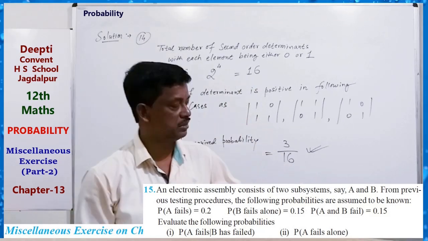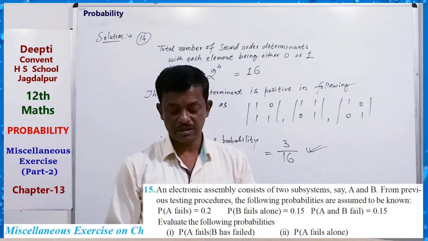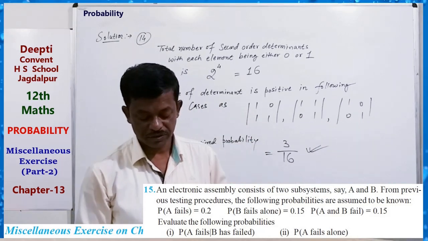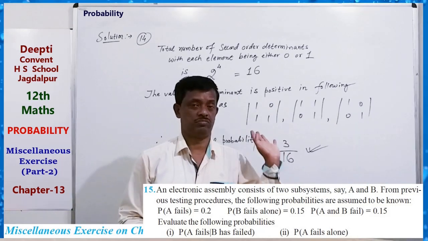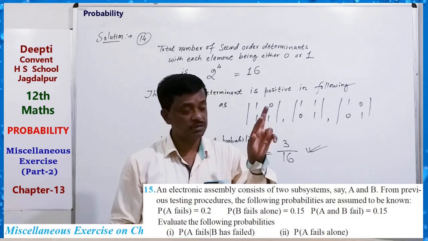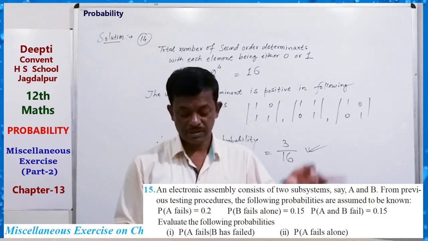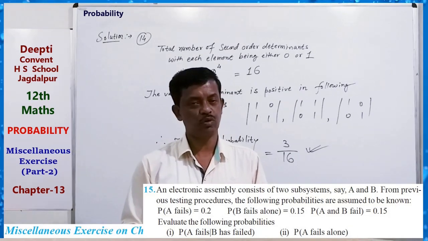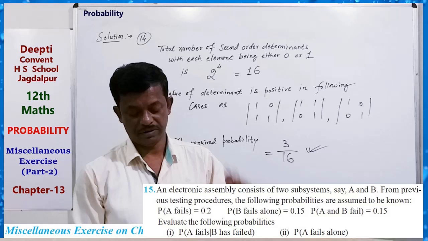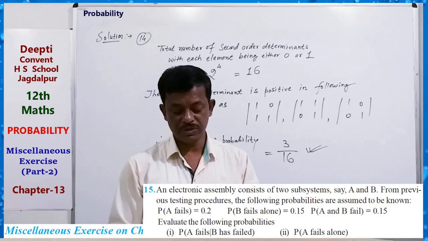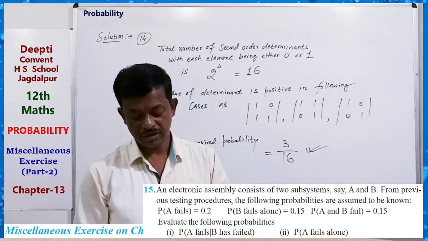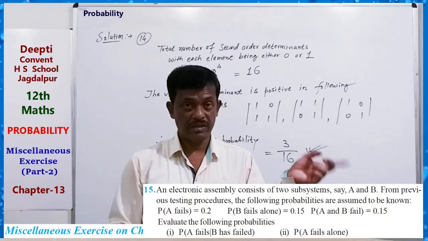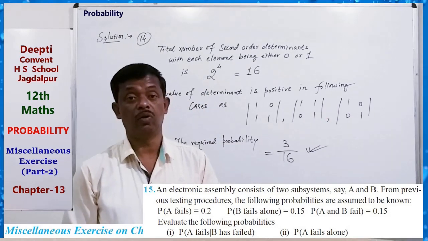P(A fails) is 0.2, meaning the probability that system A fails is 0.2. System B fails alone, not both fail, is 0.15. Systems A and B both fail is 0.05. Evaluate the following probabilities: P(A fails given B has failed), which is a conditional probability, and P(A fails alone).